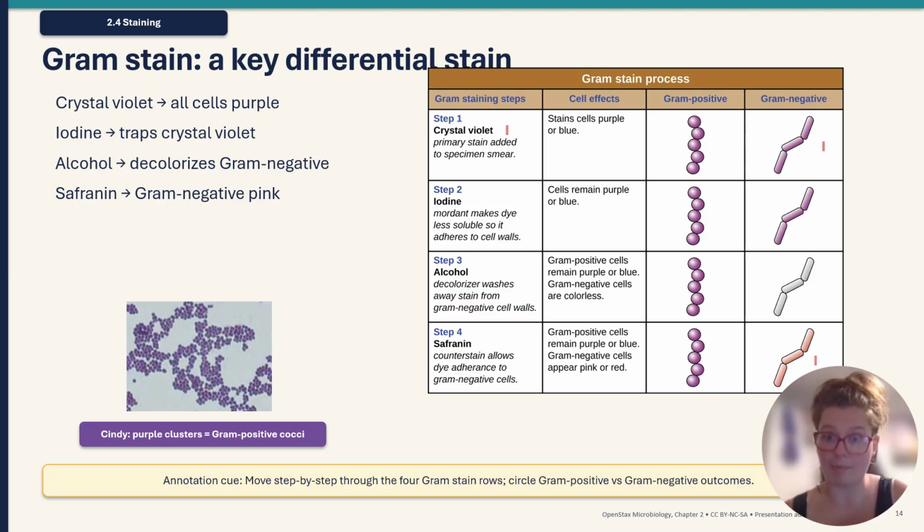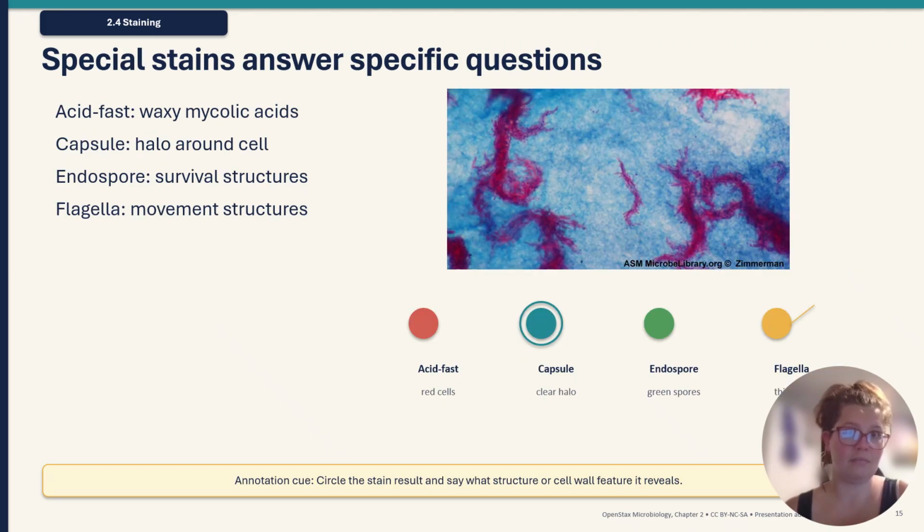They hold that dye, and the gram-negative fade to pink. All right, and the other differential stains are the acid-fast, the endospore, flagella, and the capsule.